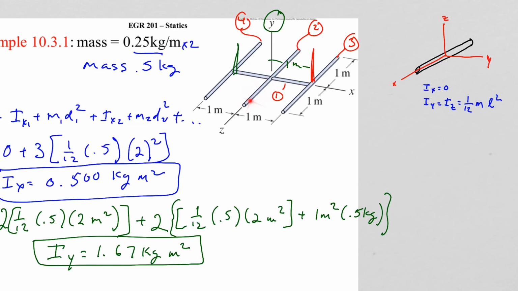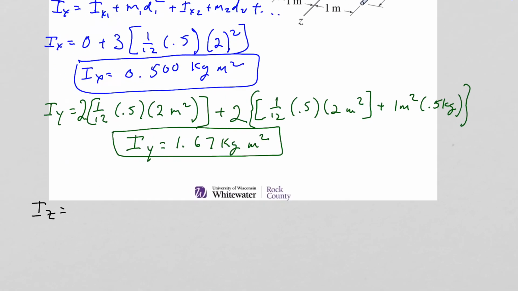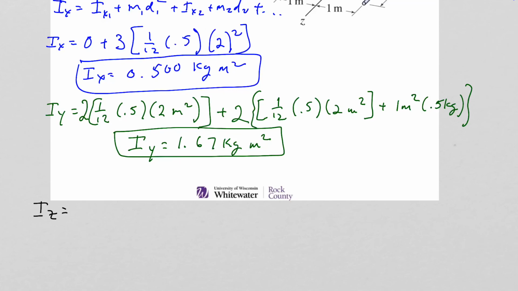For shape 2, it is 0, right through it. So let's write those two in first. Again, it's 1/12 the mass, 0.5, times the length, 2 squared. That's for shape 1. For shape 2, I have 0.